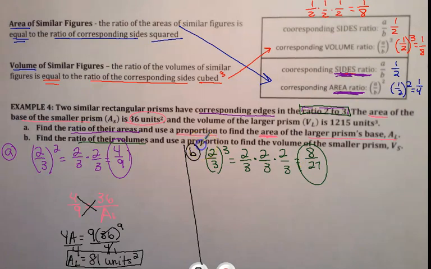Now we want the proportion to find the volume of the smaller one, which is V sub S. We know the volume of the larger prism, V sub L, is 1,215.